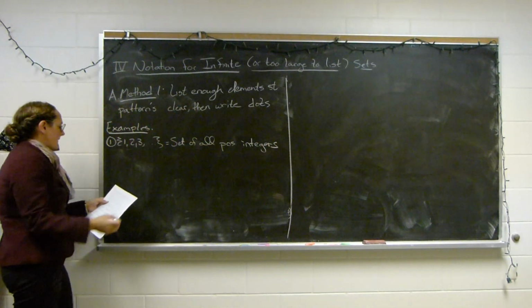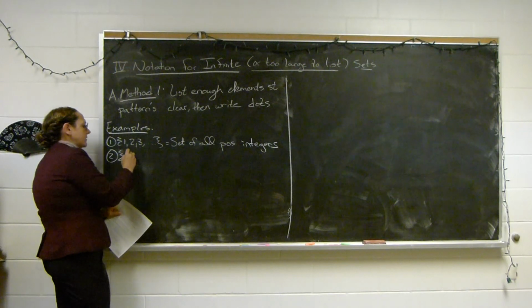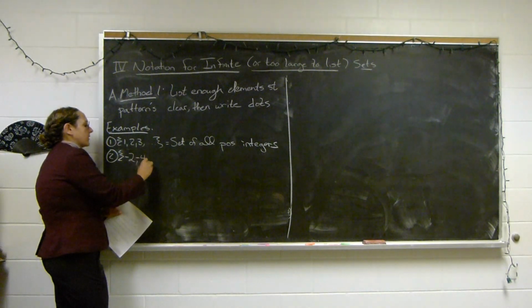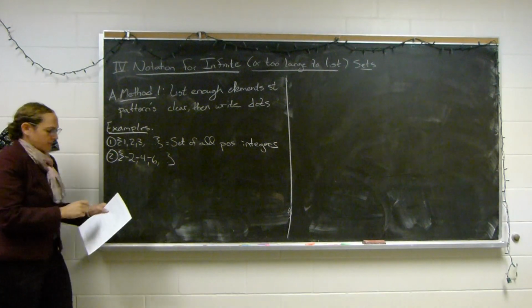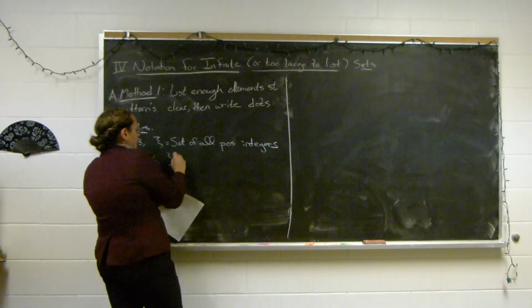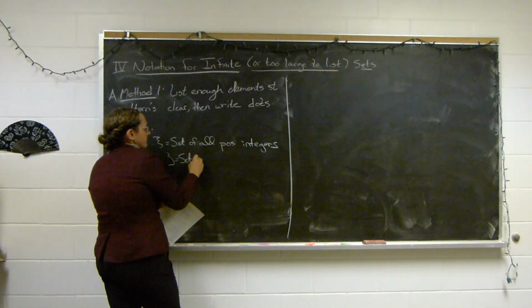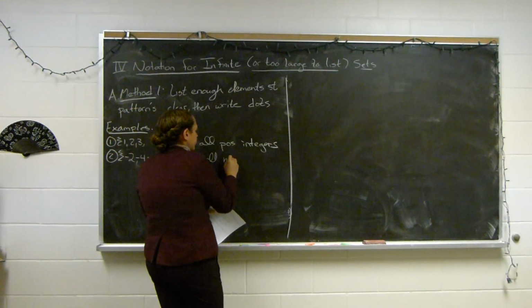Then if I wrote, and this is going to be a little different, -2, -4, -6, please don't panic, I know that this is not in the order it would be on the number line, this would be the set of all negative even integers. So here we have that they're negative and they're even.